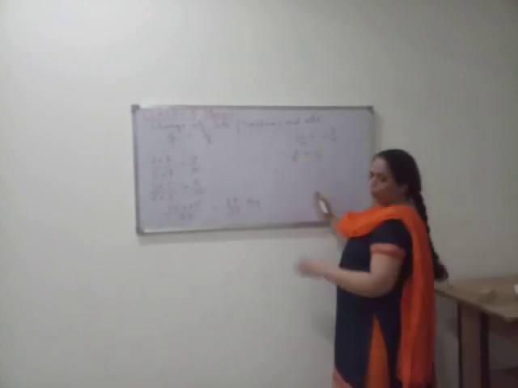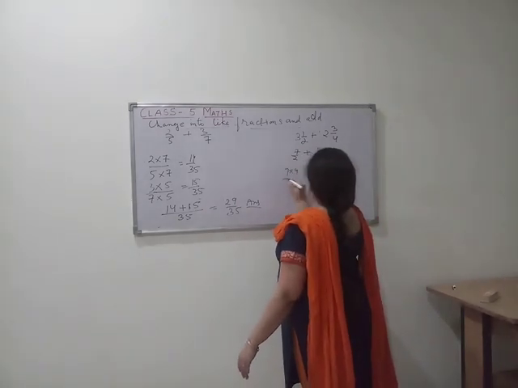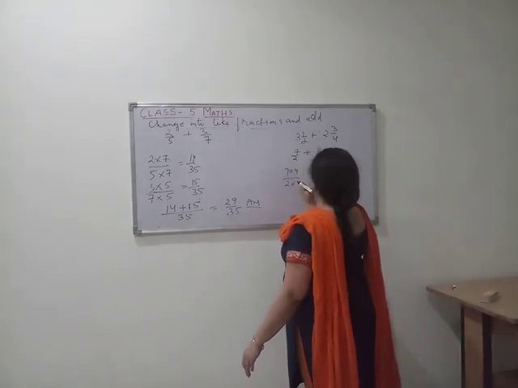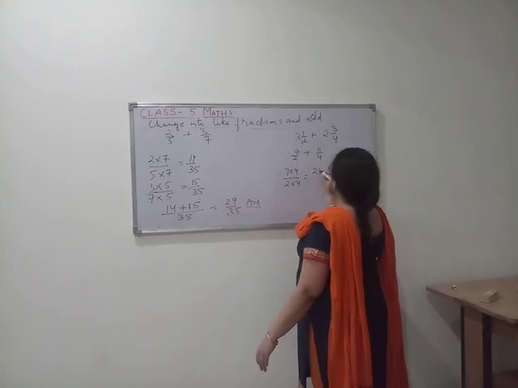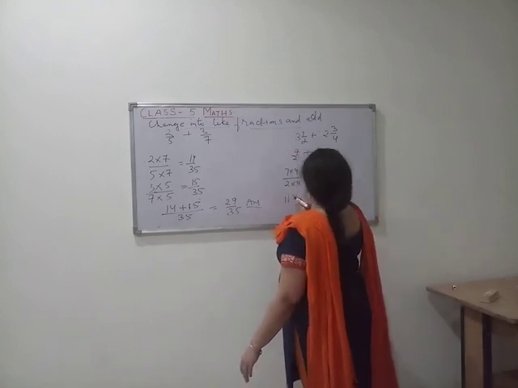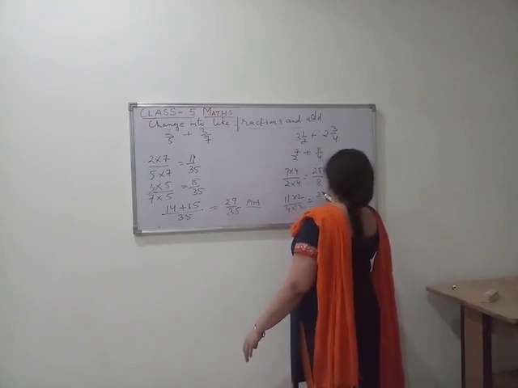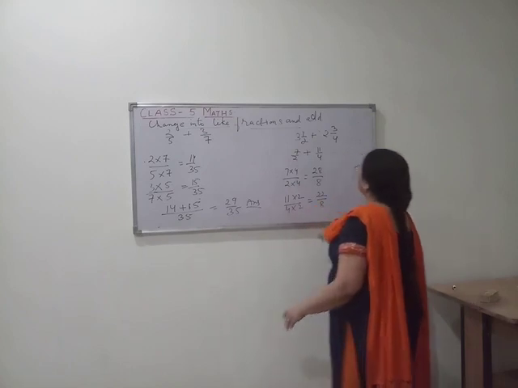Now we have to make it into like fractions. So 7 into 4 and 2 into 4 for the first fraction, that will be 28 upon 8, and the next one is 11 into 2 upon 4 into 2, that is 22 upon 8.